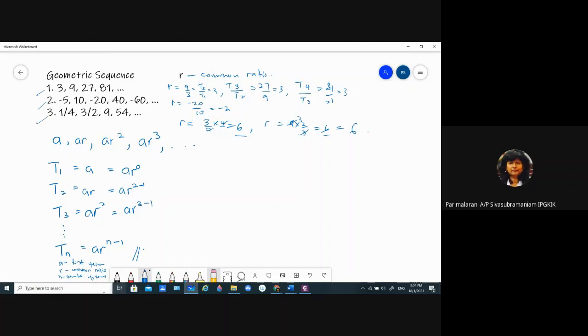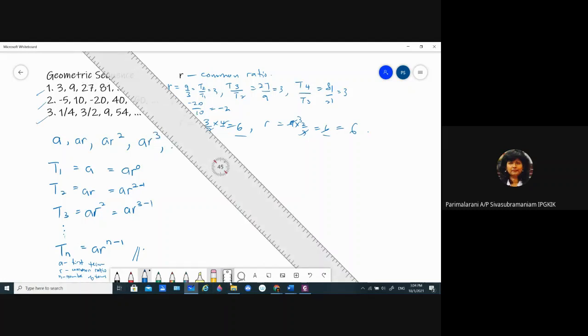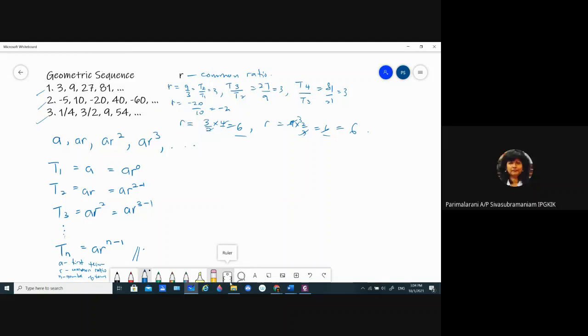So we already know how to get the nth term for a geometric progression. Now we're going to look at the sum of the first n terms, which is Sn. Sn for this sequence is A plus AR plus AR squared plus AR cubed and so on.